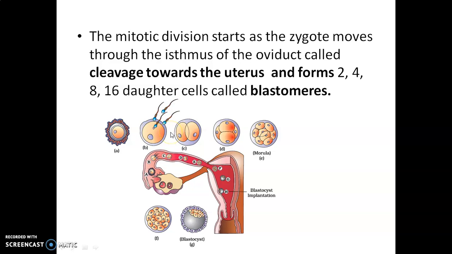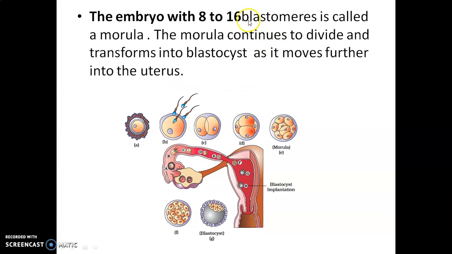Then mitotic division or cleavage takes place from the single cell of the zygote. It divides and forms 2 cells, then 4, then 8, then 16 daughter cells, which are called blastomeres. Clear?